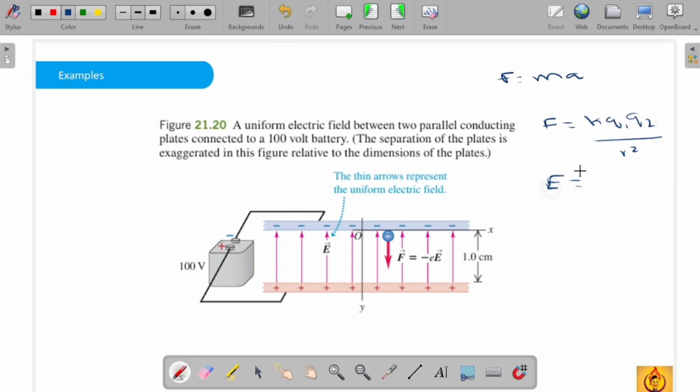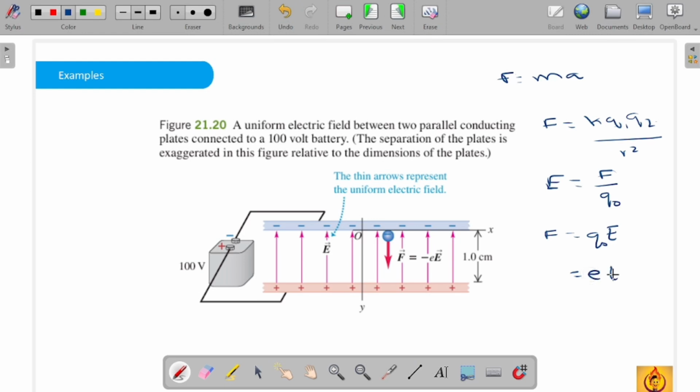So we are going to say the electric field is equal to the electric force divided by the test charge. But now we don't want the electric field. We have the electric field, we want the electric force. So the electric force will be the test charge multiplied by the electric field. In our case, our test charge is the electron.